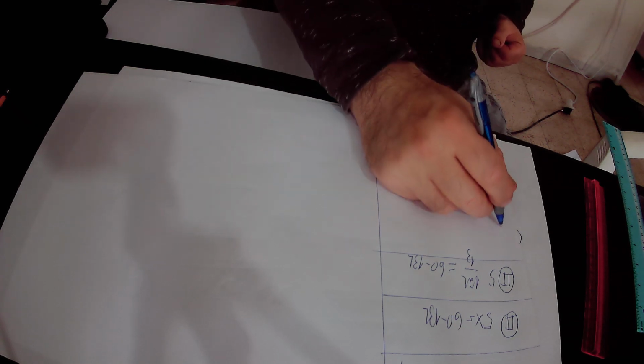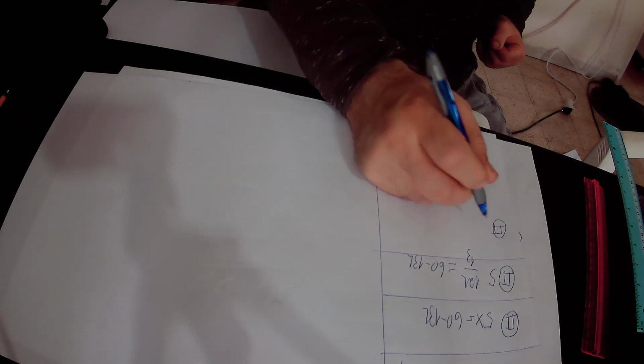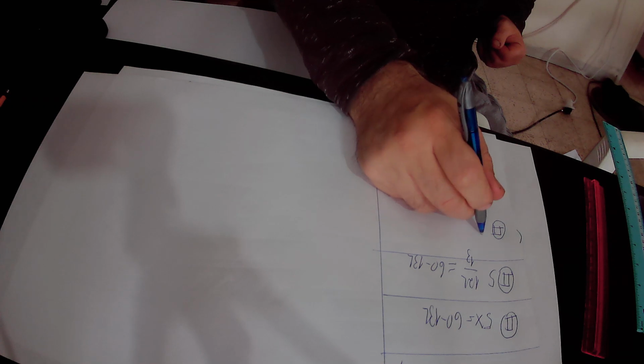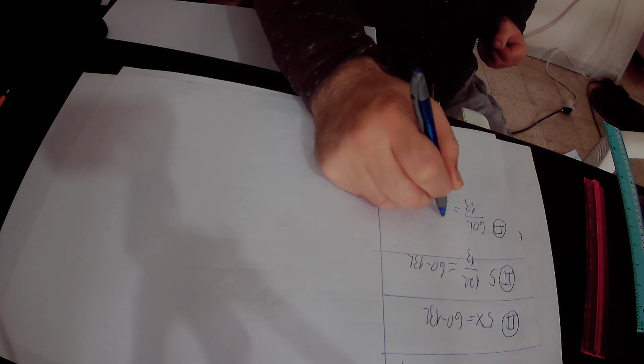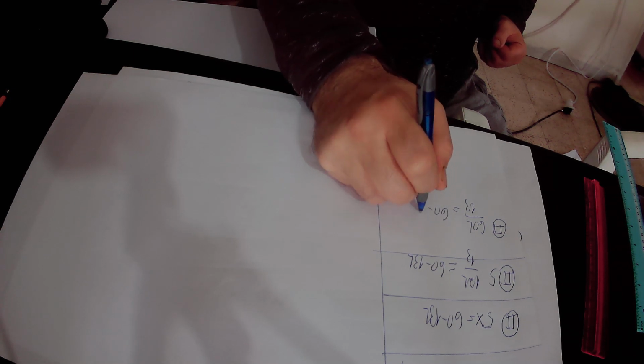Here 5 times 12L is 60L over 13, which equals 60 minus 13L.